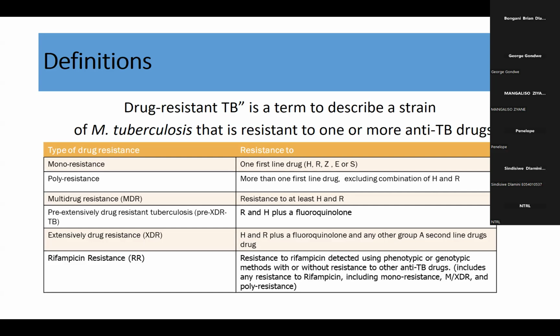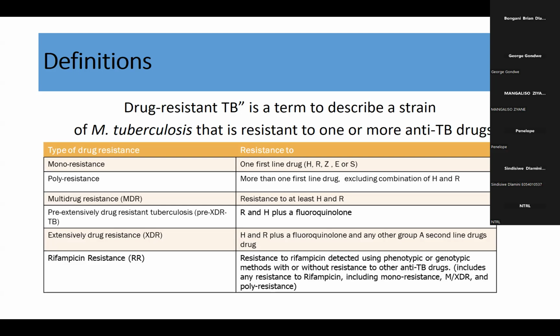Just to recap from what we did last few weeks: monoresistance is when Mycobacterium tuberculosis is resistant to one of the first-line drugs. H is for isoniazid, R for rifampicin, Z for PZA, and E for ethambutol. Polyresistance is resistance to more than one first-line drug, excluding the combination of isoniazid and rifampicin.